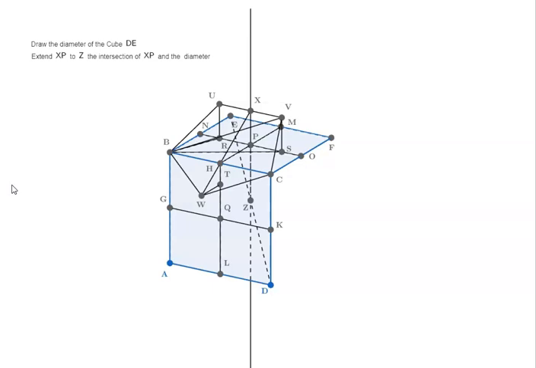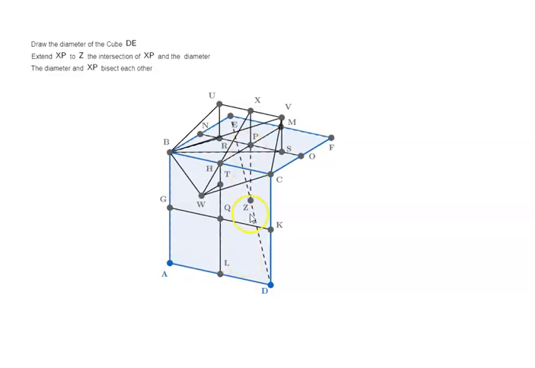And now let's make this disappear. The diameter and XP bisect each other. So that means XZ cuts DE into two equal parts. And similarly, remember, PZ has not been drawn till the other face of the cube.